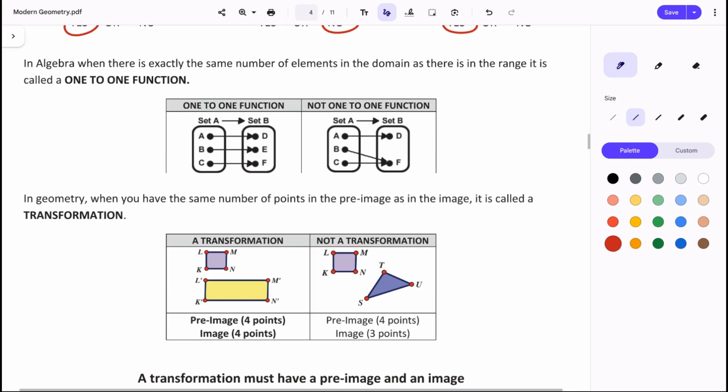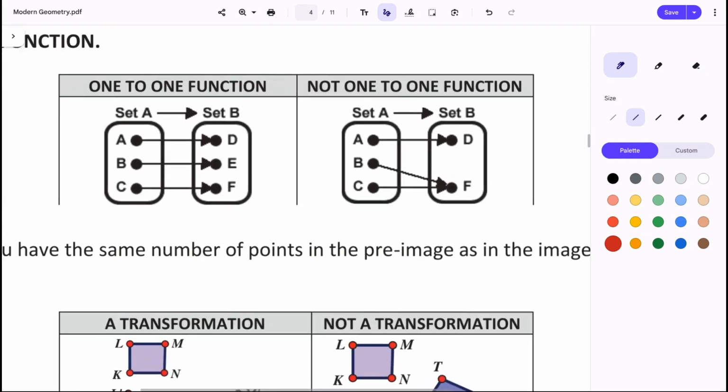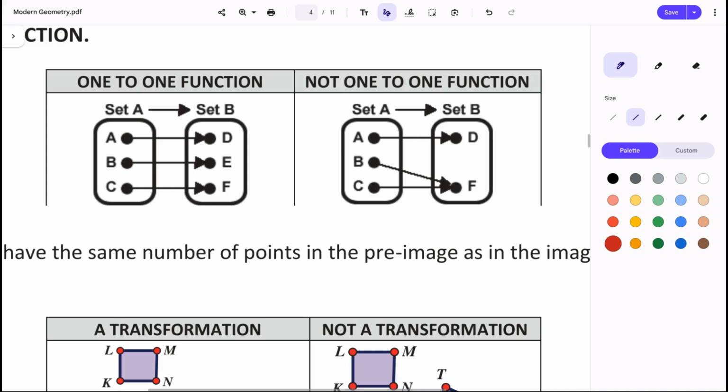Everything has one arrow off of it, so it's still a function, but nothing is going to the same place. So if you look at these ones here, set A and set B, you can see how each point has one arrow and it's going to one location. Now, the second example, it's still a function, but it's no longer one-to-one because both B and C are trying to go to the same place. Okay, and that's okay. That's still a function, but it's no longer one-to-one.